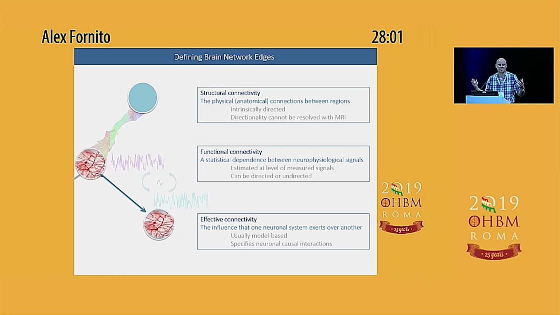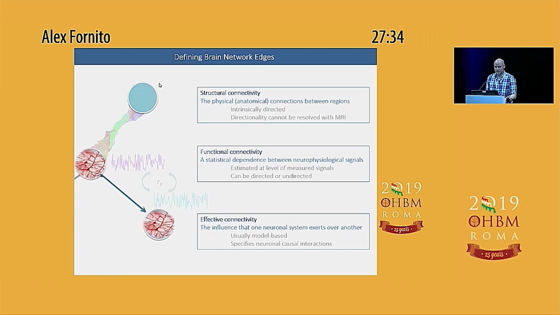So the classic example in the imaging context is dynamic causal modeling, or DCM, where you fit different models of causal interactions between neural populations, and then you convert those using a model into hemodynamic signals, and then you examine the fit between those estimated hemodynamic signals and your actual measured signals. Right. So they're the three broad classes.